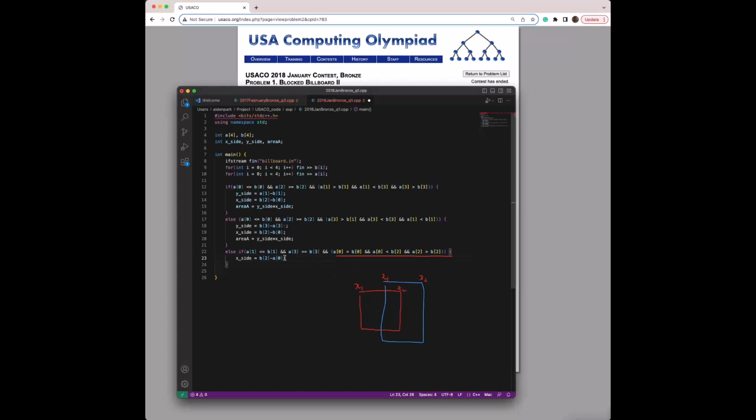Yeah, actually, and yeah, we'll just keep doing the same thing for the next case. So I'm just going to copy and paste this. This case.